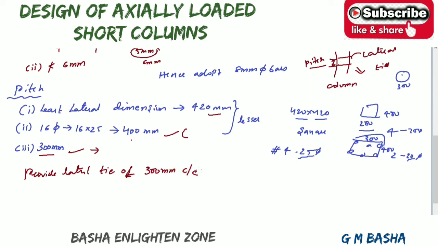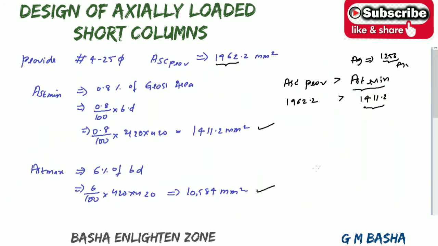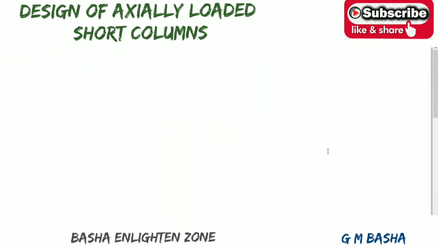Okay, these are the conditions for our column. Then draw the detailing of the square section. So here this is our square section.